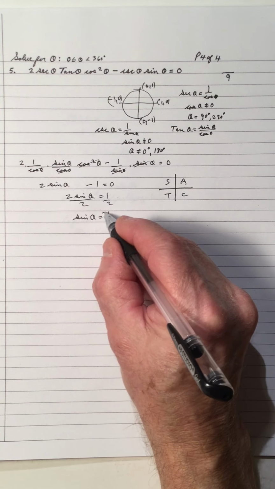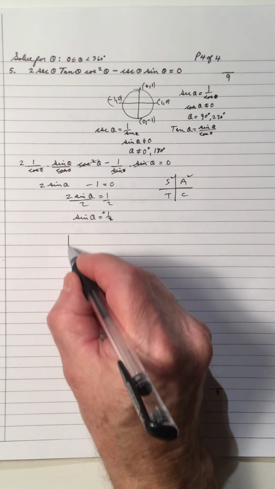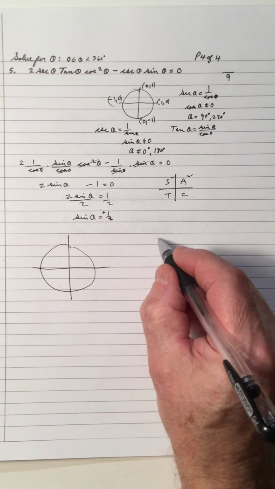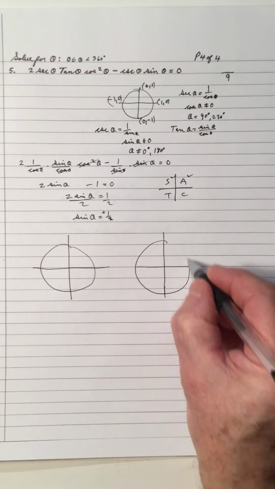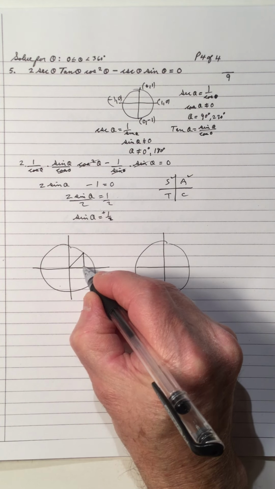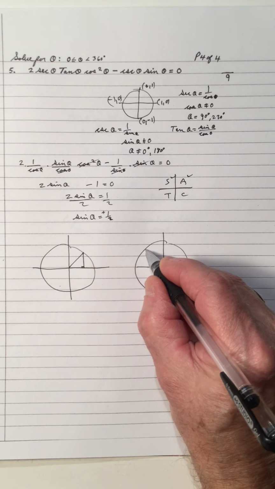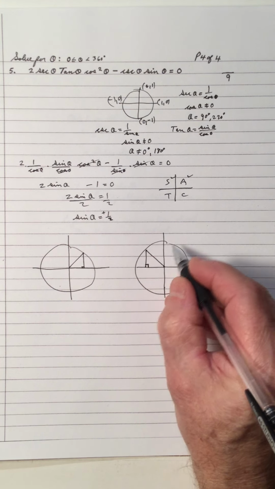Sine is positive, so sine is positive in quadrants 1 and 2. So we'll draw the diagram in quadrant 1, and we'll draw the diagram in quadrant 2. In quadrant 1, the terminal arm goes out from 0, 0, and we drop a perpendicular to the x-axis. In quadrant 2, the terminal arm likewise goes out from 0, 0, perpendicular to the x-axis.